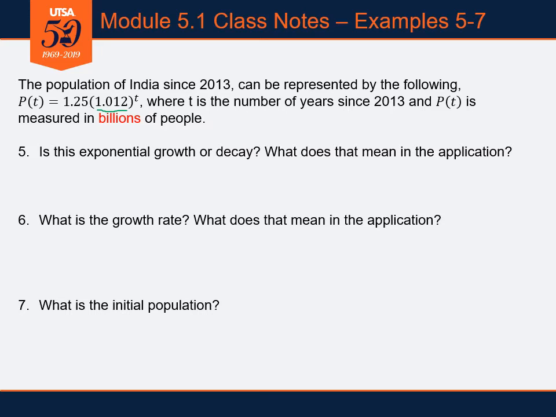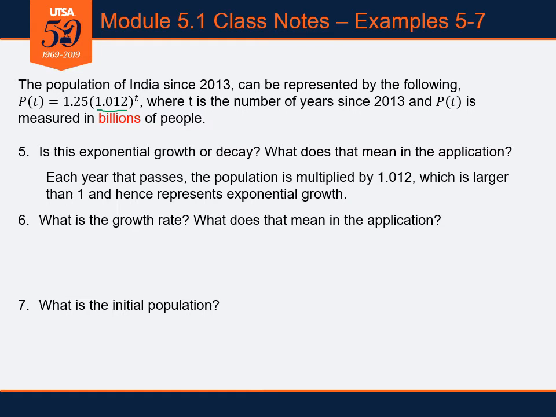If we're multiplying by a number that's greater than 1, then our number, as time goes on, is getting bigger and bigger. Multiply by a number greater than 1, and you get something bigger than you had before. That's the basic idea, and each year that passes, the population is multiplied by 1.012, which is larger than 1 and hence represents exponential growth.